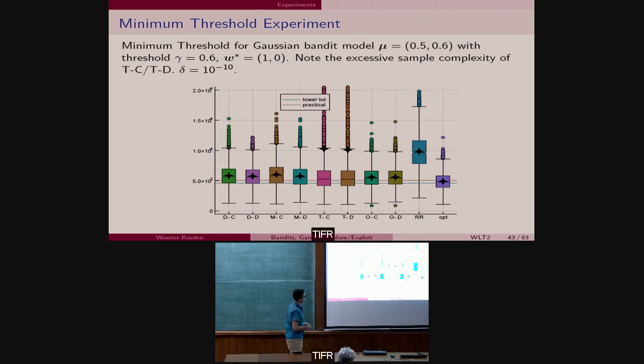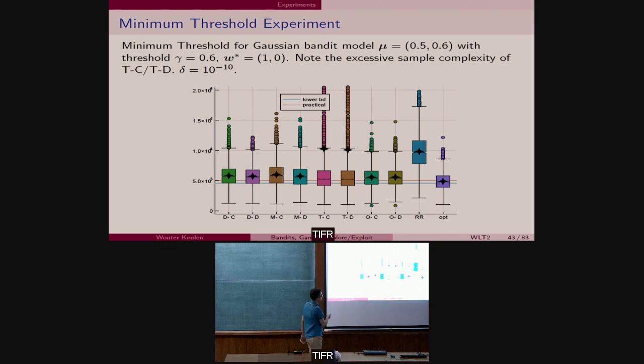Okay, so now on to the example where we make the competition look very bad. It's a minimum threshold problem where you're supposed to answer, is there an arm below the threshold or not? It's just two arms, 0.5, 0.6. The threshold is 0.6. So the answer is yes, there is one. It's the first, for example.